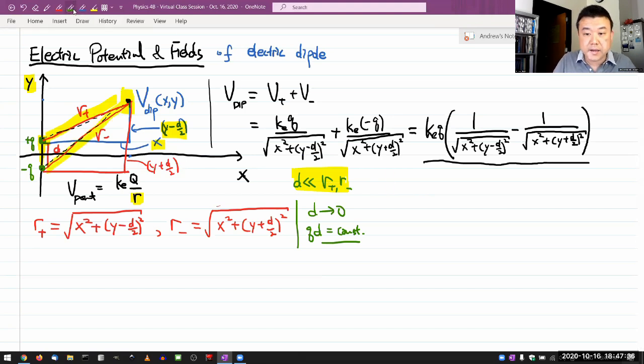It implies that d is much less than x or y in terms of absolute value. So considering the limit allows you to simplify this setup quite a bit and highlight why this quantity is important.